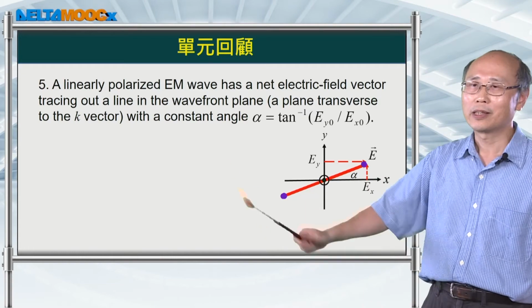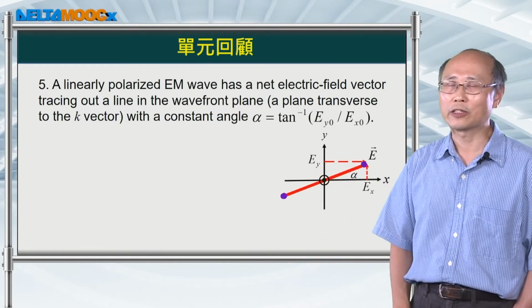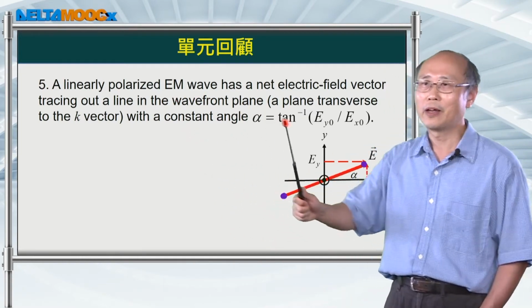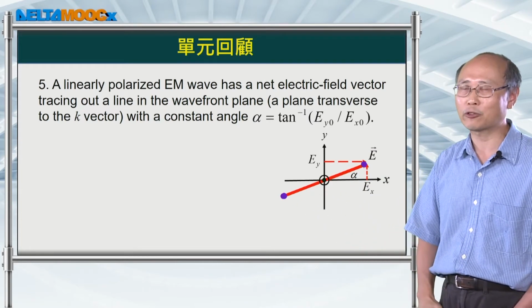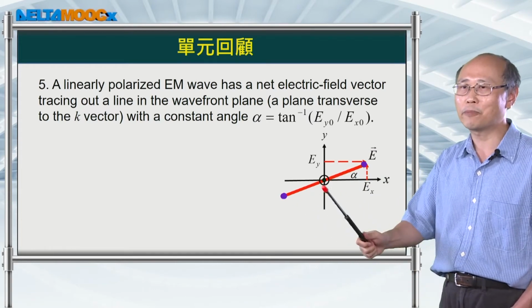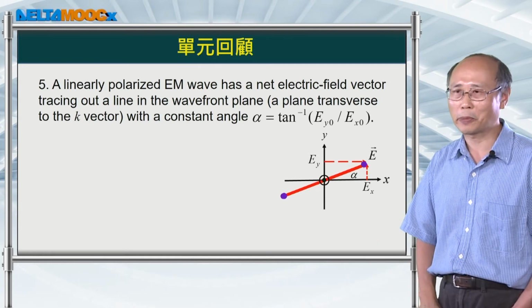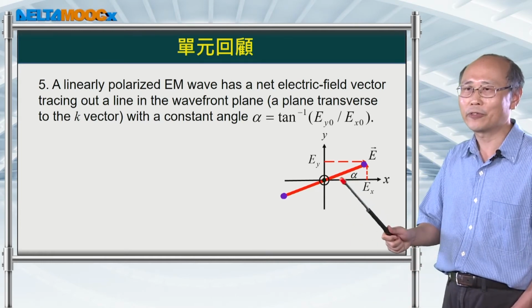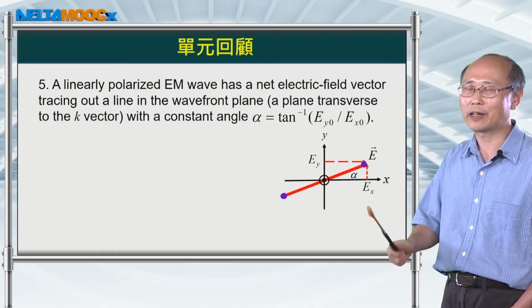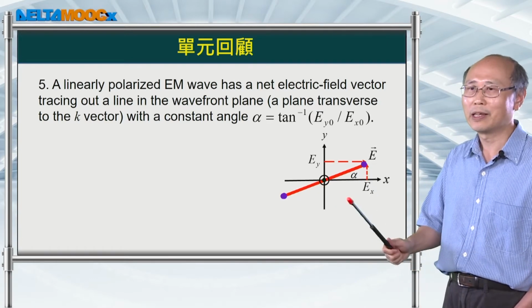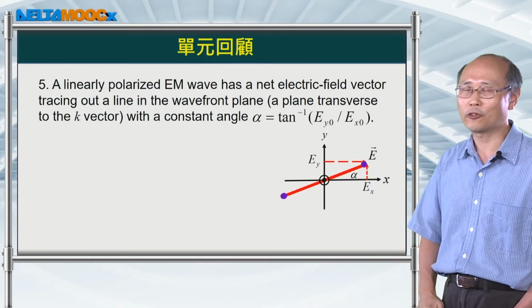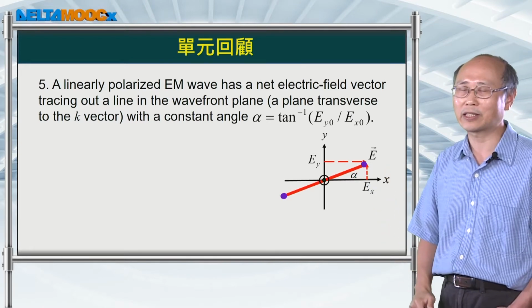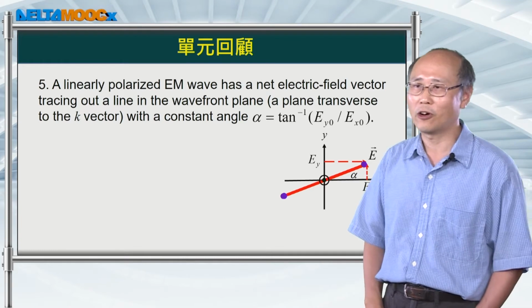So the simplest polarization state is called the linear polarization. For linear polarization state, you have electric field on this xy plane for a z propagating electromagnetic wave. And if you express the electric field on this plane, then you will find that the angle between this electric field vector and the x-axis is going to be fixed over time.